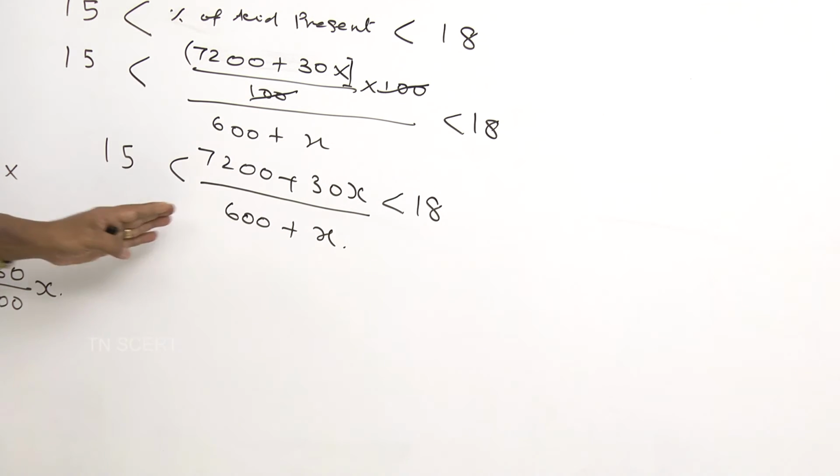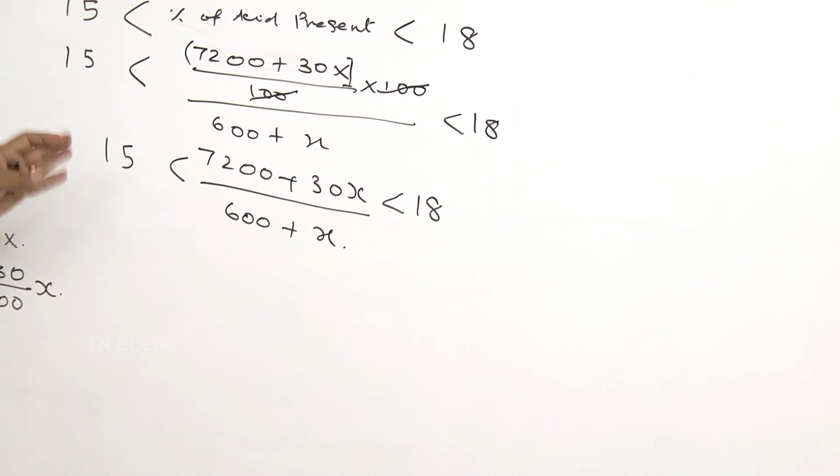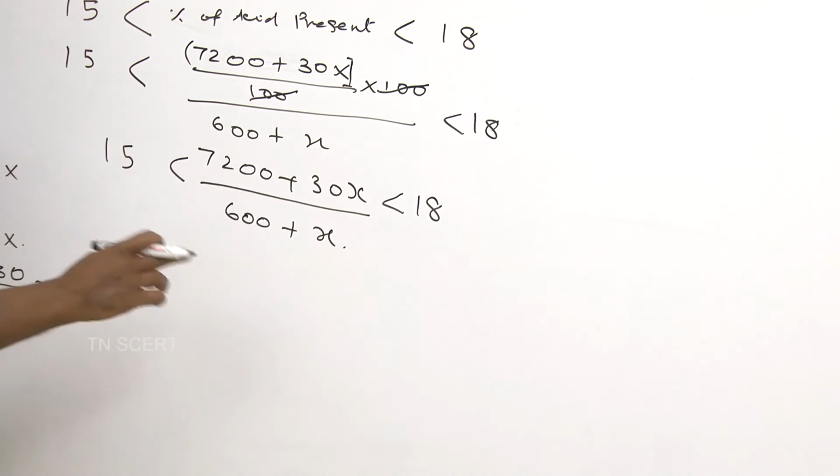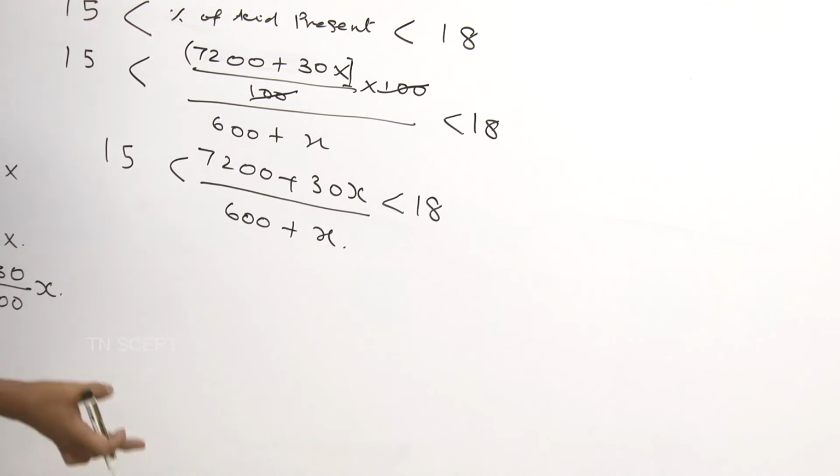This is what we find from the data given. After that we have to manipulate to arrive at the answer for x. This inequality we have to solve. I will take the first and second parts to get the value of x. Next, I will take this and that, the other part, so that we can manipulate both. Otherwise we can multiply either side so that you will get the answer here.